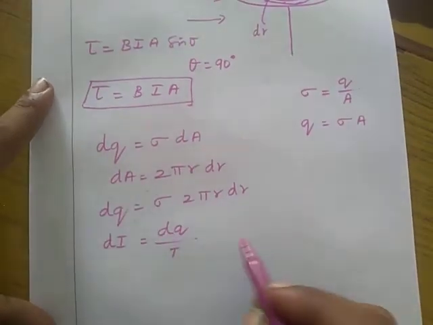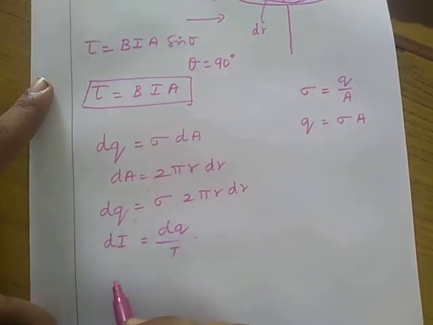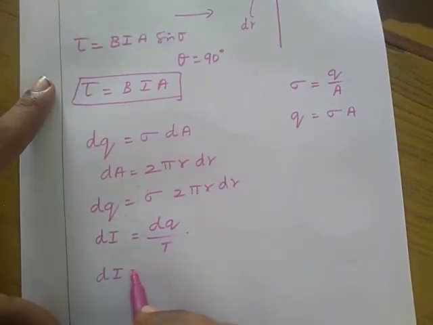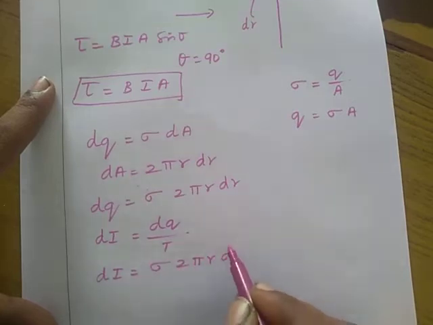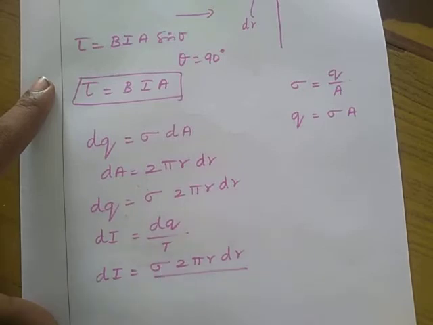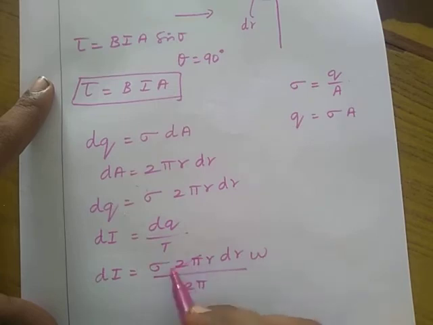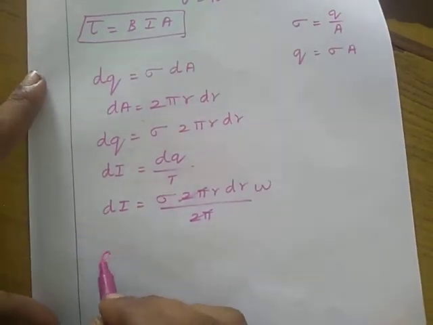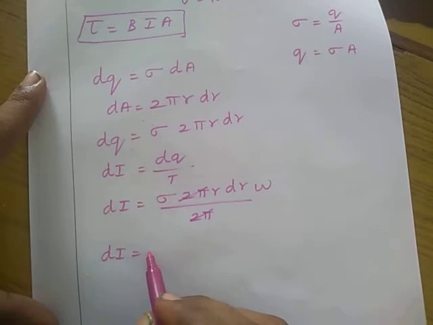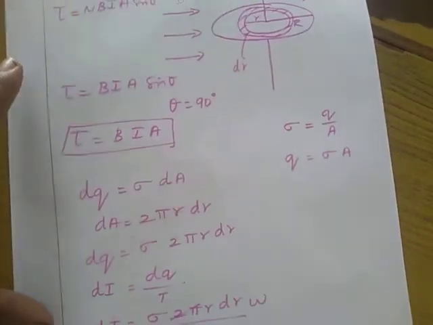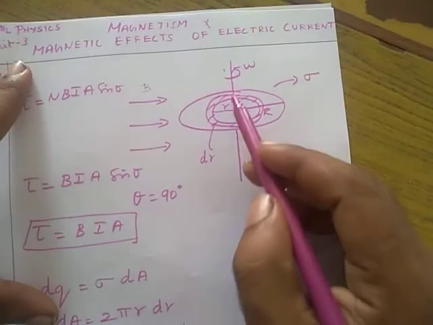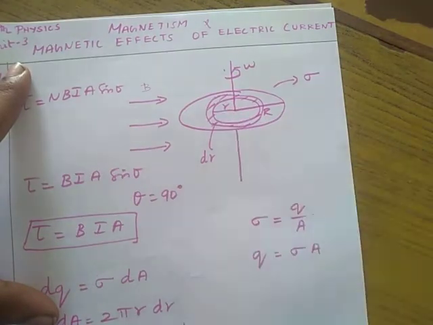Substitute the dq value in this expression, we get di equals sigma 2 pi r dr by t. Here t can be written as 2 pi by omega. Then 2 pi cancels. Then we get di equals sigma r omega dr. This is the current flowing in a small segment having the radius r.